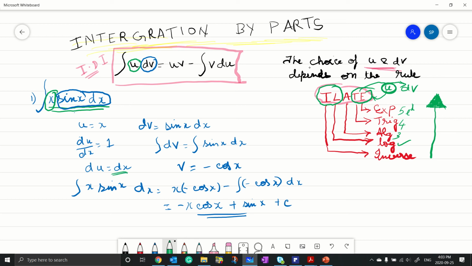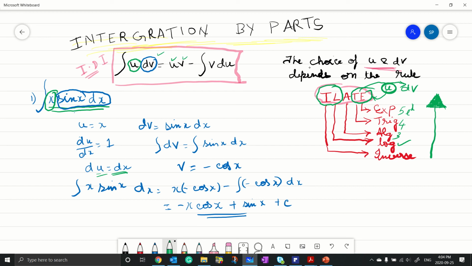This is very important: you have to find out all the variables which you do not know. You know u, you know dv, and you know du. You do not know v, so your next step is to find v.